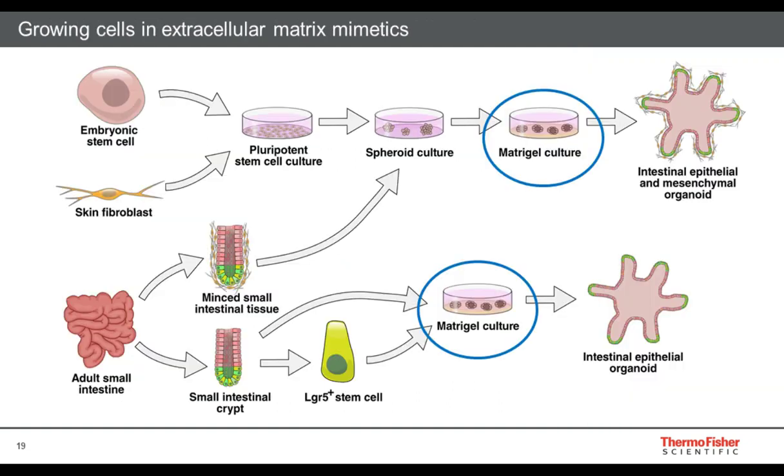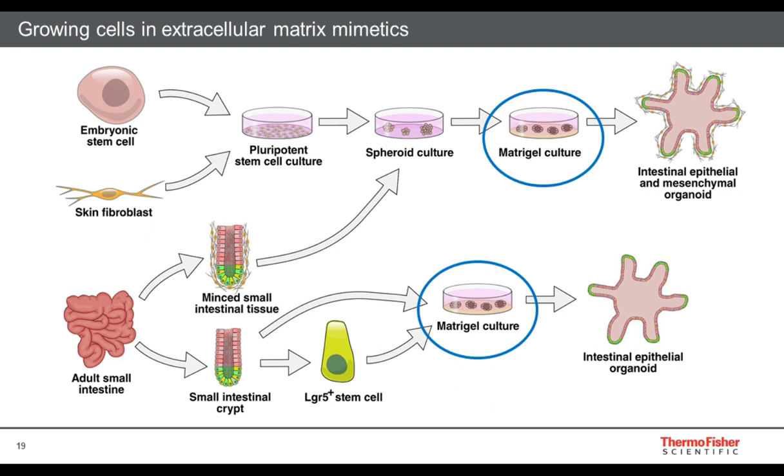So another thing to be aware of is that many of the 3D cell culture models, especially on the organoid side of the 3D cell model space, use extracellular mimics or matrices for growing these models. These are used to sort of encase the cell aggregates in order to help promote further maturation or some of the structural organization that people have reported and are commonly seen in various types of organoid models.